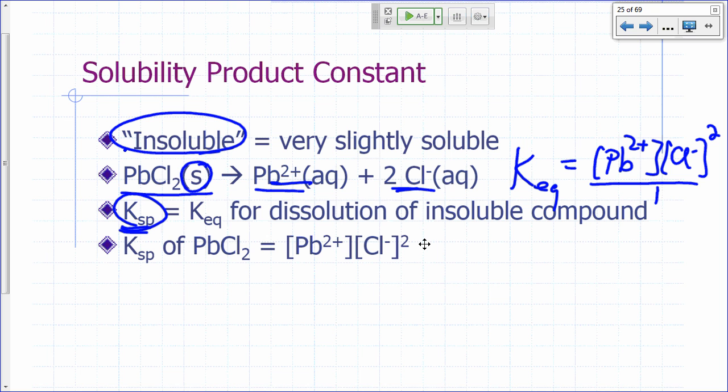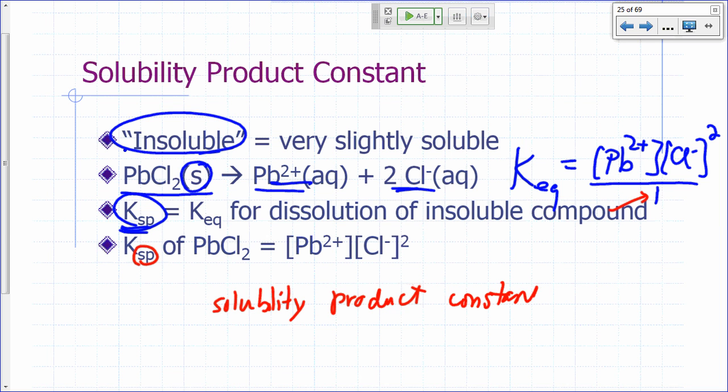So the Keq for this, you can see, is just a product of activities because your denominator is 1, right? So that's why we call it Ksp. SP stands for solubility product. Ksp is known as a solubility product constant.